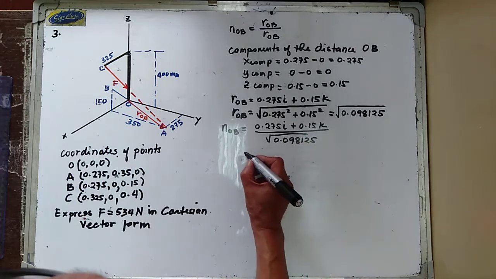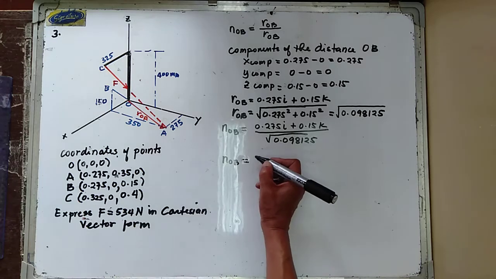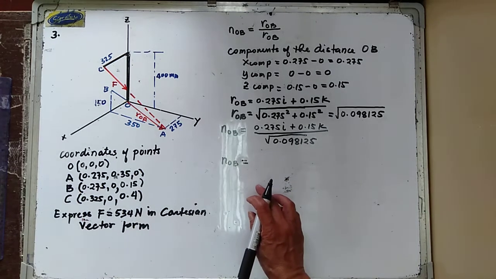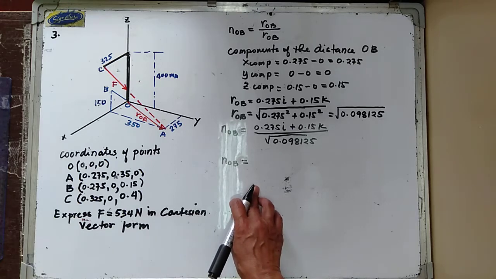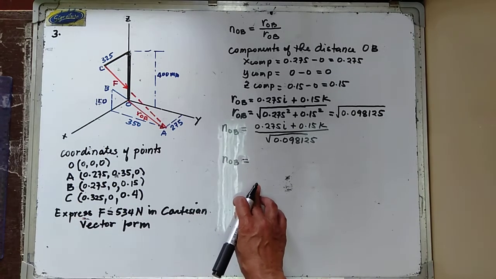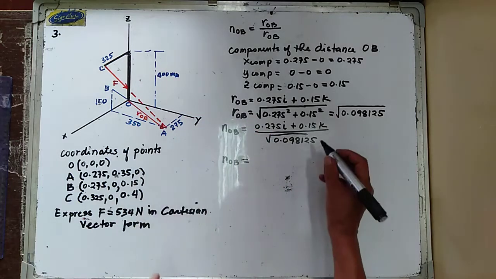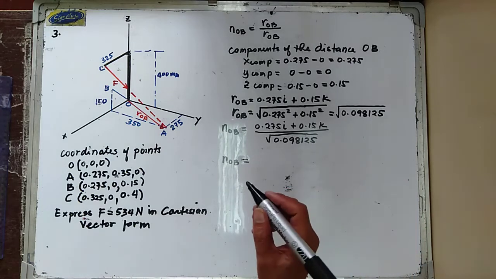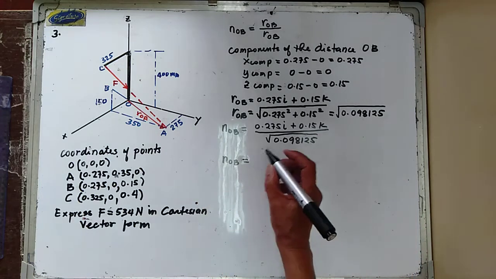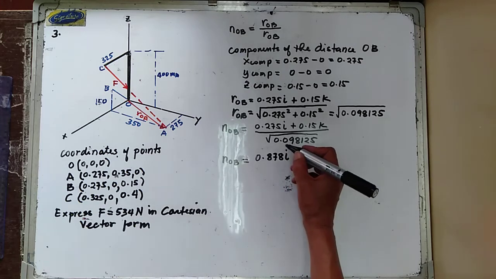So your nOB, the unit vector in the direction OB, is equal to 0.275 divided by the square root of 0.098125, and that is equal to 0.878I.